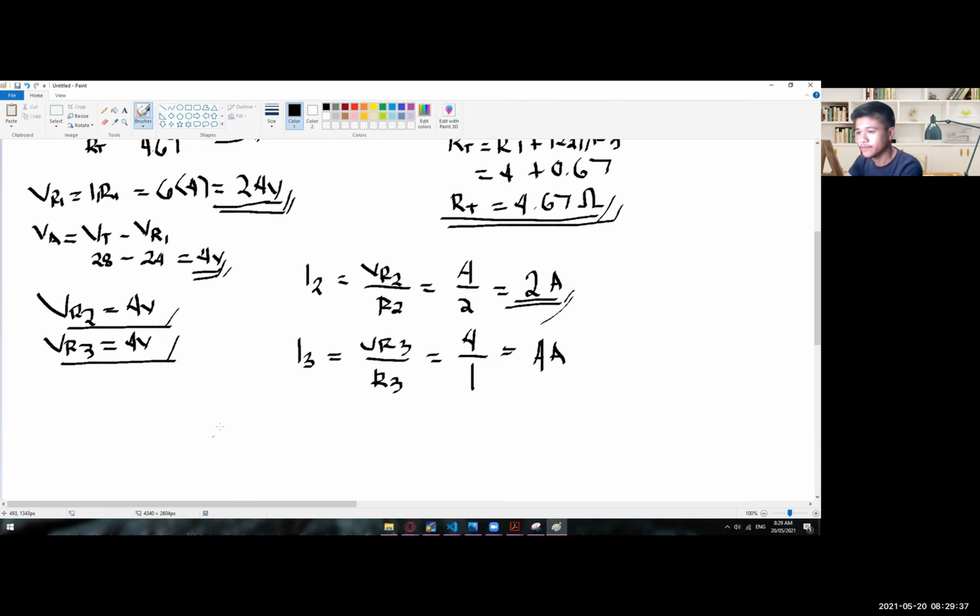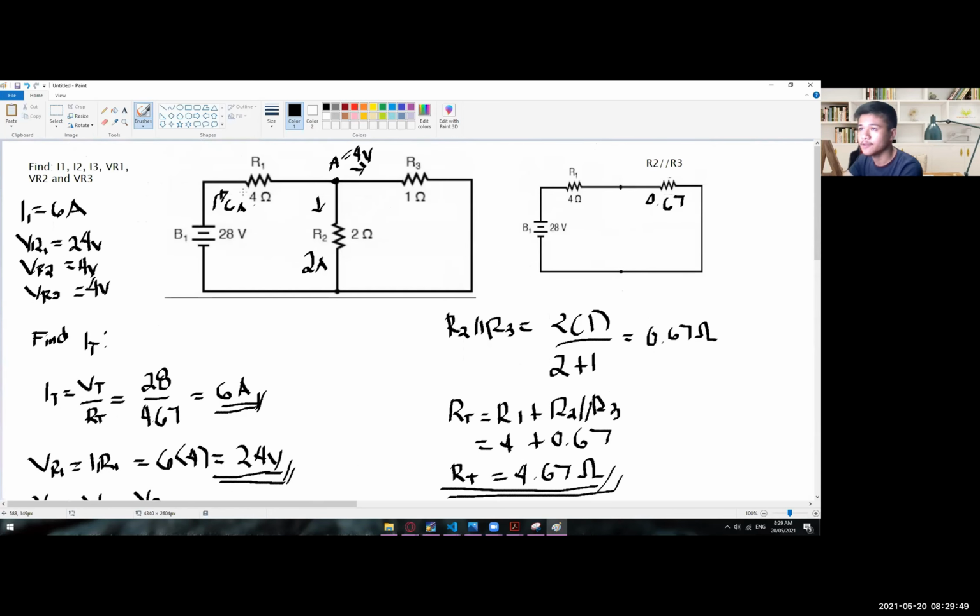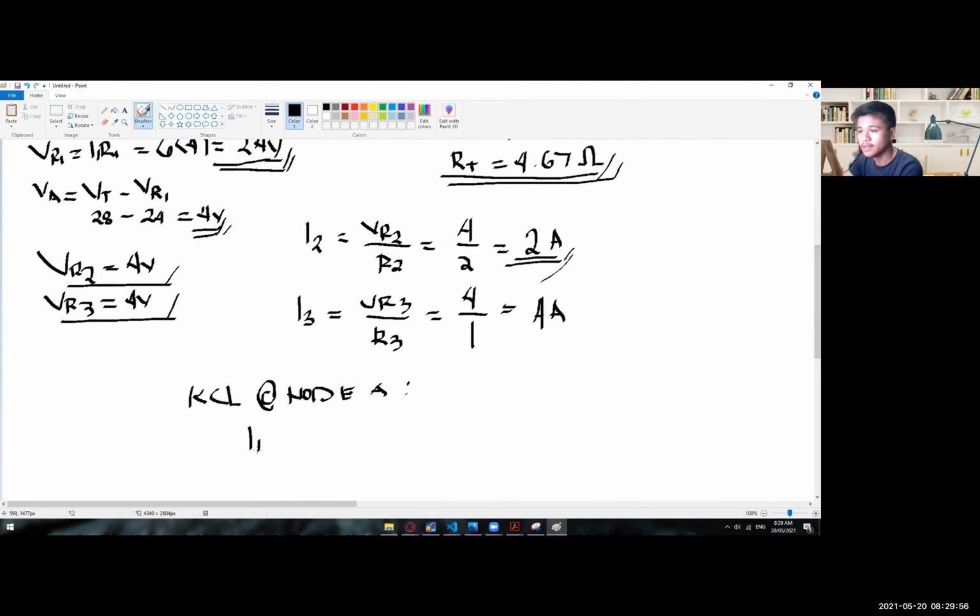So if you're going to check this one using KCL at node A, we have here the I1 that is entering this node, and then I2 leaving, and then I3 leaving. So I1 minus I2 minus I3 is equal to 0.